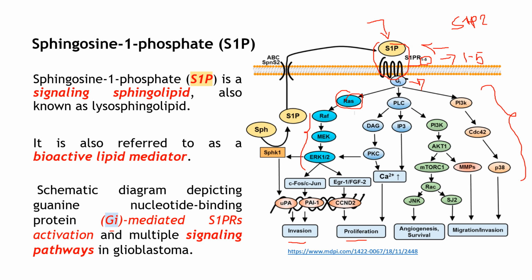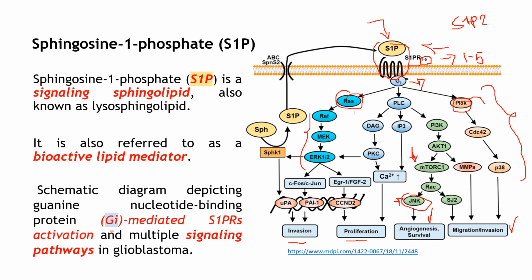We haven't talked a lot about TOR, but maybe in your paper you will see that they talk about TOR. This is a pathway that is very important for many functions in the cell, and here in this case it will be for angiogenesis and survival. Here is also an old friend, the JNK pathway, involved in cell death, and here another old friend that maybe will appear in your paper, involved in migration.